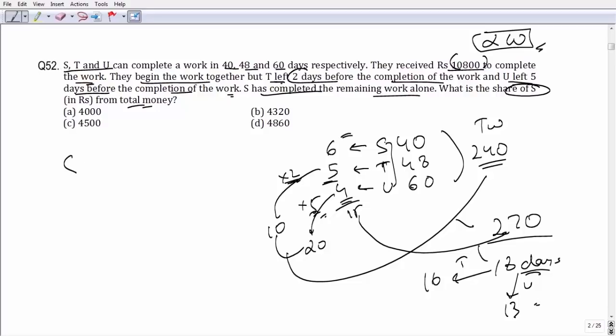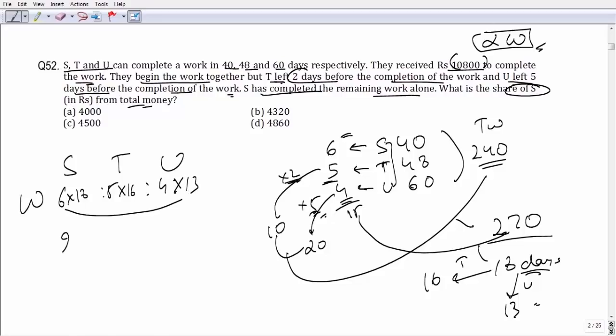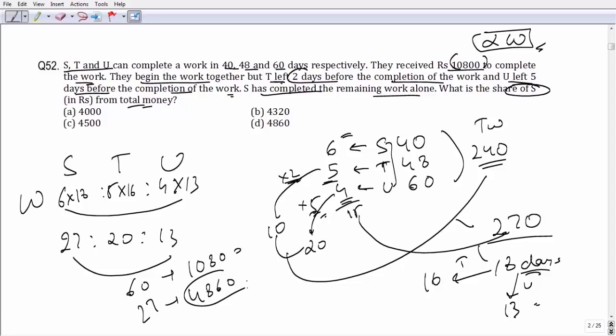So for S, T and U, the ratio for their work would be 6 into 18, that was his total work, is to 5 into 16 is to 4 into 13 for U. Or this ratio can also be written as 27 is to 20 is to 13. Now this sum of 60 units represents an absolute value of 10,800 rupees, which leaves the value of 27 to be 4,860, which leaves option number D as your answer.